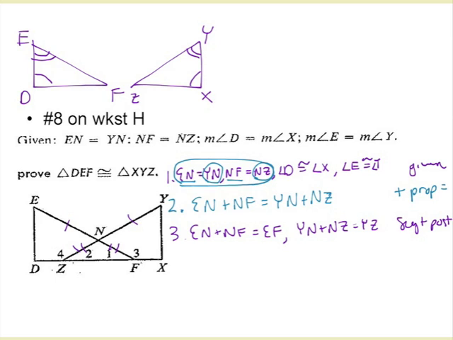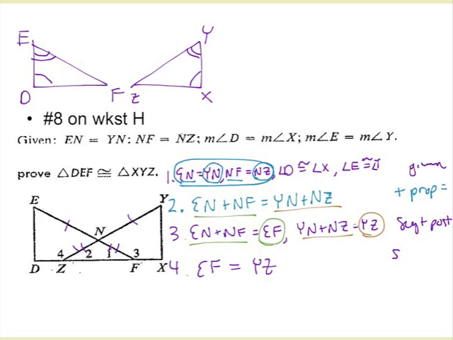Now we just said a lot of the same stuff in steps 2 and 3. We said EN and NF in both of them, but we gave that a new name. Then we said YN and NZ in both of them, but we gave that a new name. So when we have this much stuff that's matching up, we should be able to match up the rest of the stuff and say that EF is equal to YZ. What is that called?